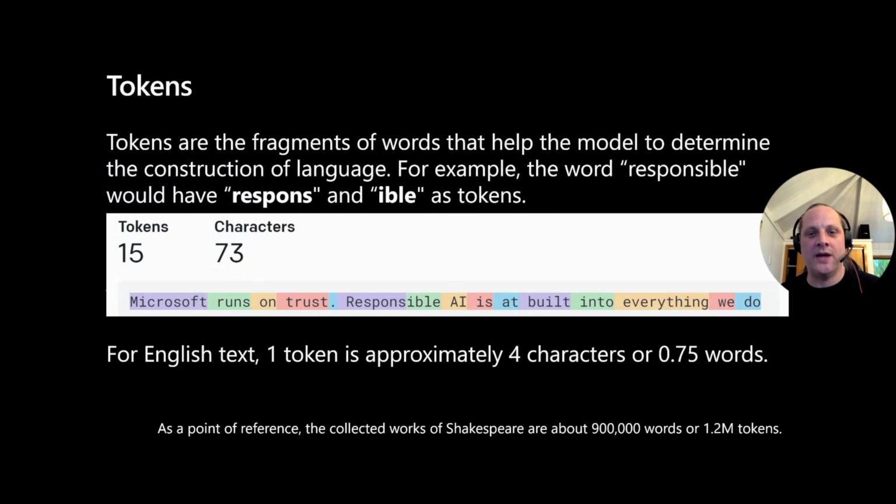You don't need to worry too much about how that process happens, but you do need to know that it does happen. And therefore, when you are told you can send 128,000 tokens to this model, which is the limit of GPT-4 Turbo or GPT-4o, you have to be aware that that represents about 0.75 words per token.